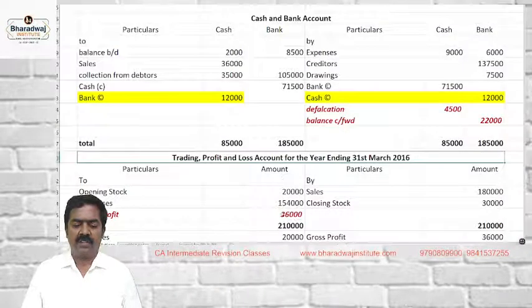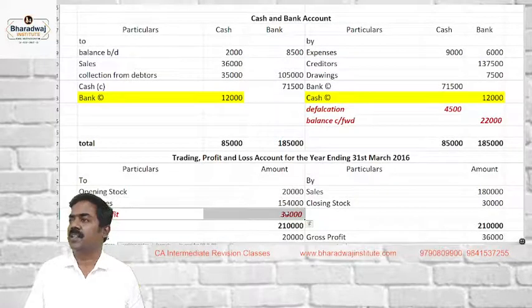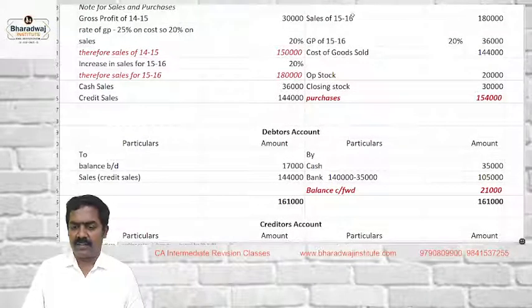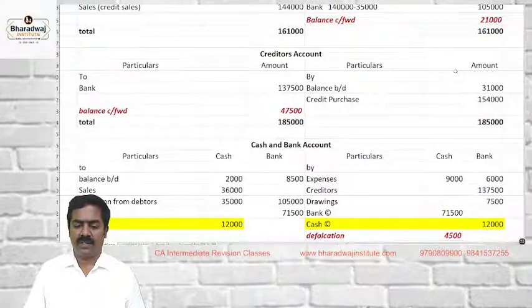We can start even with P&L account, but since it is asked, we are doing this. This we worked out in a statement earlier. Here. Sales 1,80,000 into 20%. GP we worked out 36,000. Same thing here.